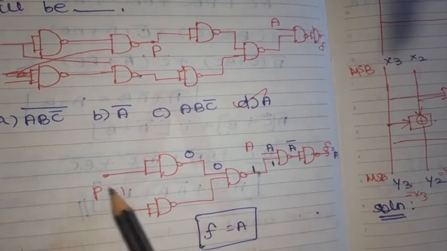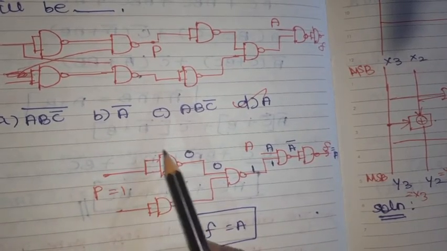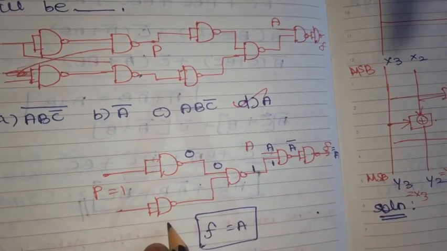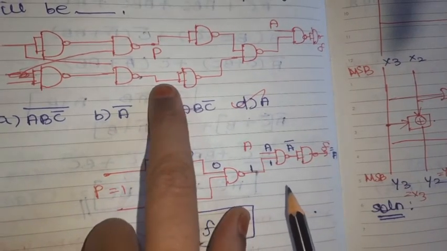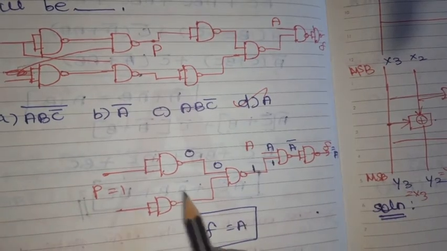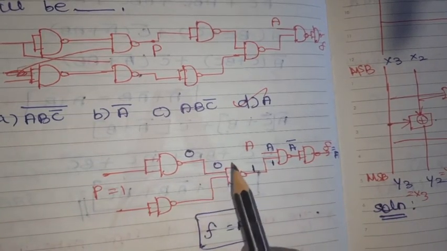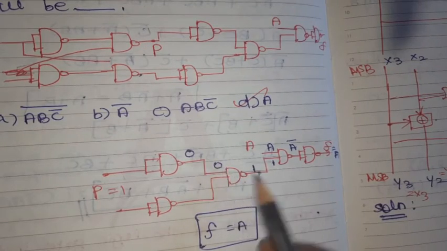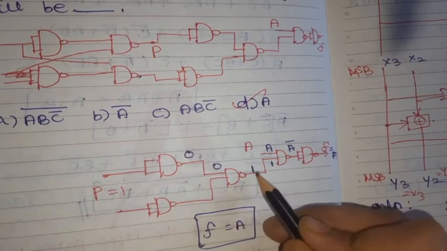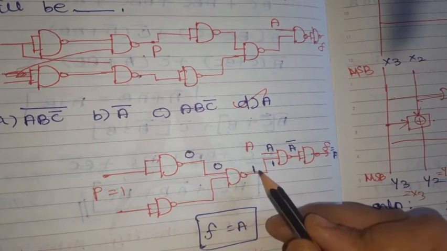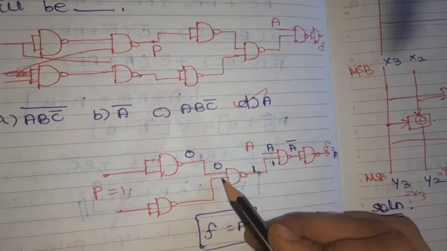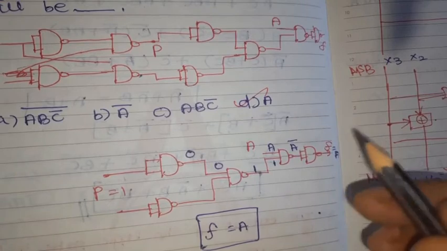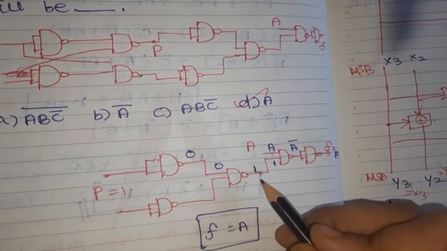P is 1, which means this acts as a NOT gate now. So 1 will go 0 here. We don't know the value of this other point, but we'll see how to solve this. The 0 will go to the NAND gate. For any logic 0 input, the NAND gate output is 1.